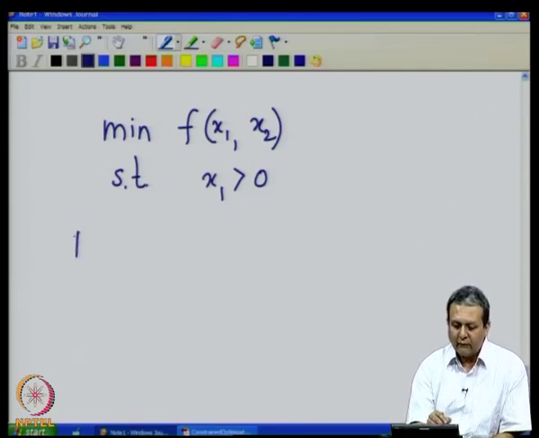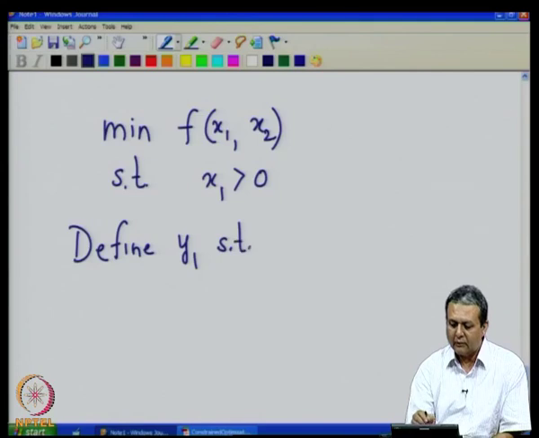Suppose we define y1 such that e to the power y1 is equal to x1.